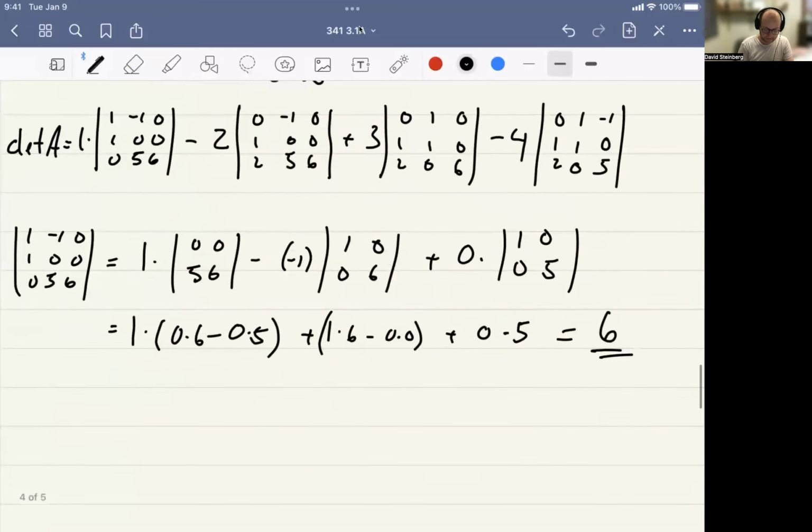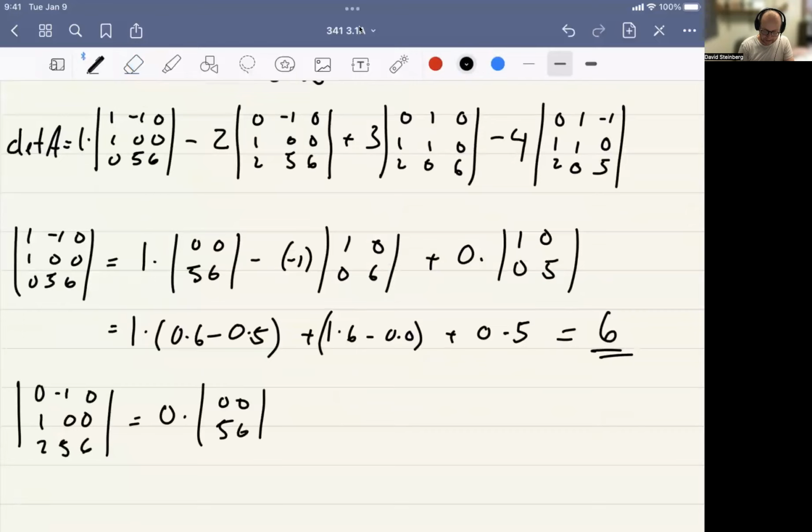Let's do the next one. 0, negative 1, 0, 1, 0, 0, 2, 5, 6. So it'd be 0 times the determinant of 0, 0, 5, 6, minus negative 1 times the determinant of 1, 2, 0, 6, plus 0 times the determinant of 1, 0, 2, 5.